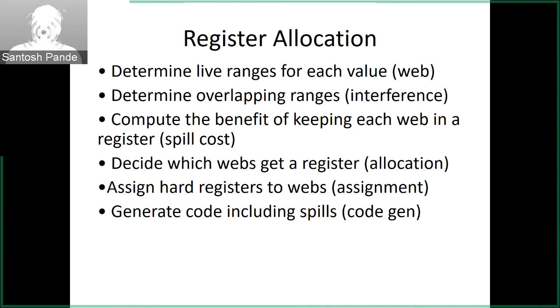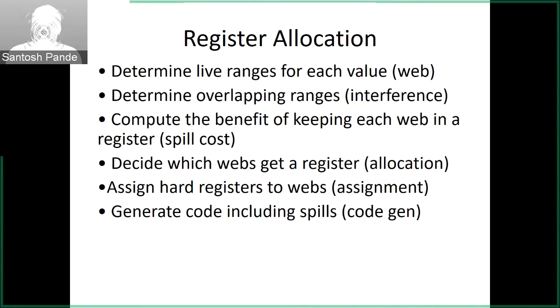Once we are done with register allocation, we know that some instructions will have registers allocated to them. Others will not get registers because there was no register available; they were spilled, and they had to get their loads from memory.